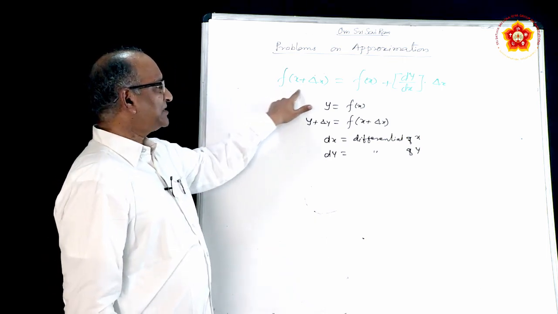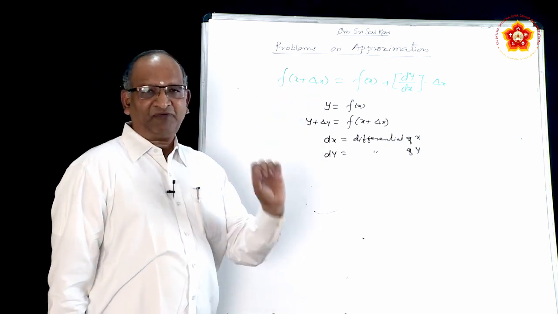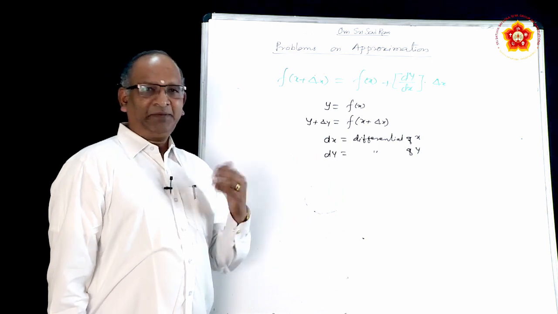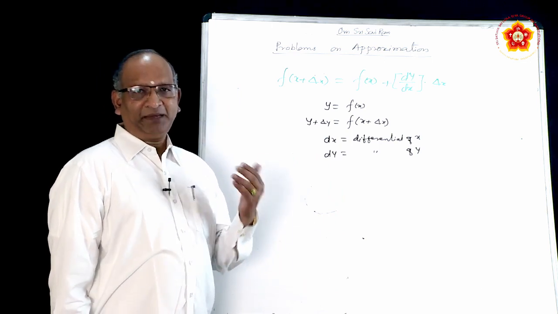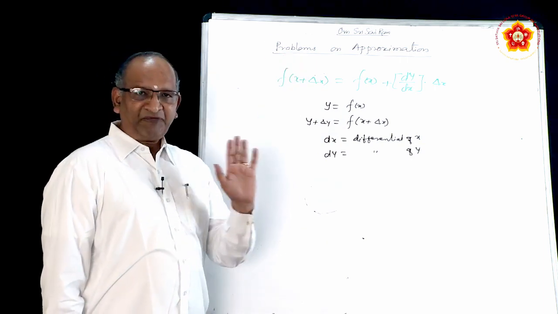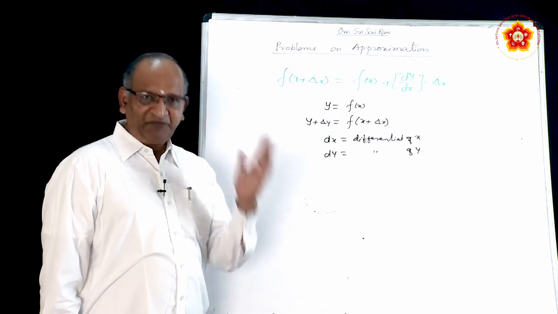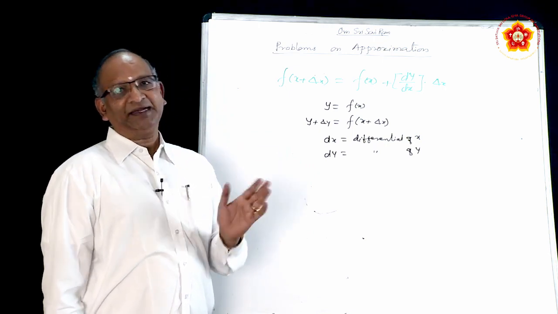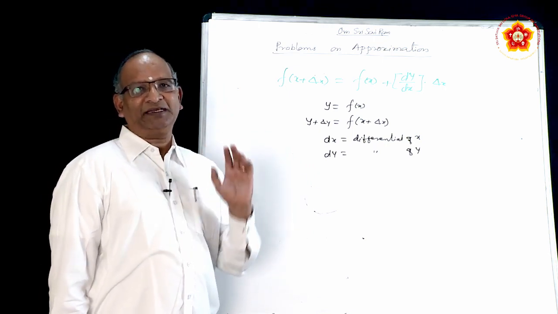So, f of x plus delta x is the problem. It can be square root, it can be cube root, it can be 10th root, it can be any root. This is what we want to find out. F of x is the same function with a known value. If it is 36.01, you are finding square root.